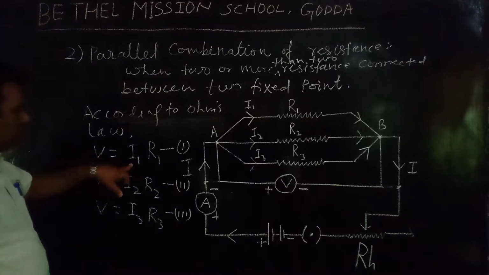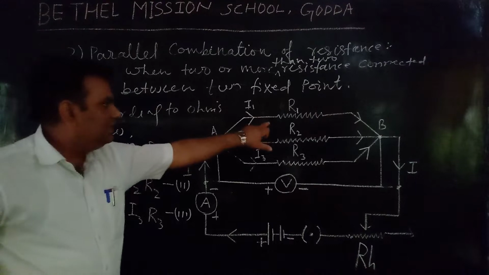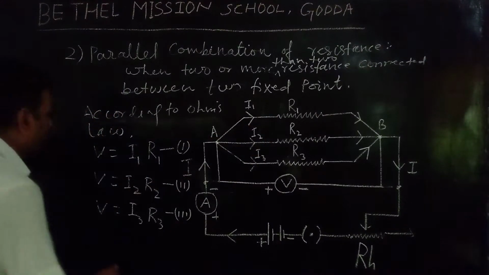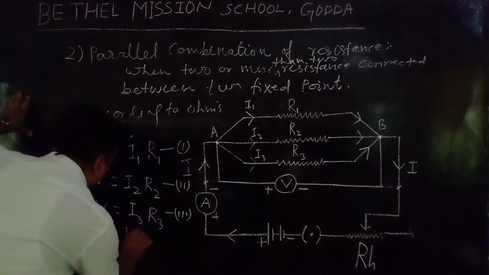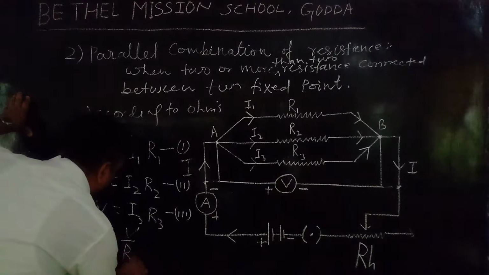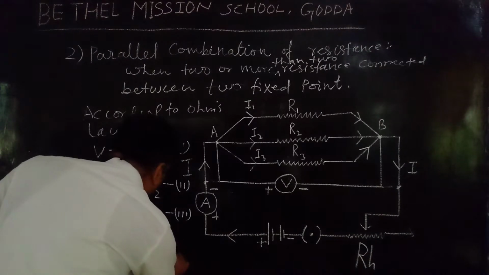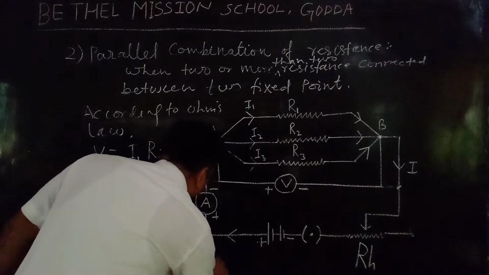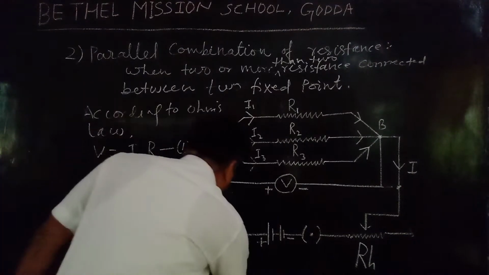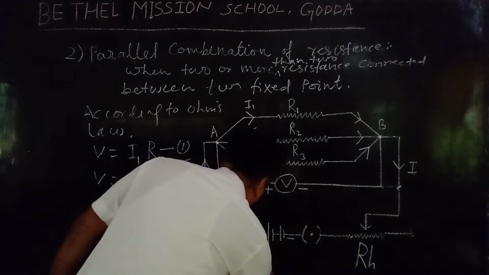Now from the first equation we will find out how much current flows through the resistance R1. From equation 1, I1 equal to V upon R1. Similarly, I2 equal to V upon R2 and I3 equal to V upon R3.